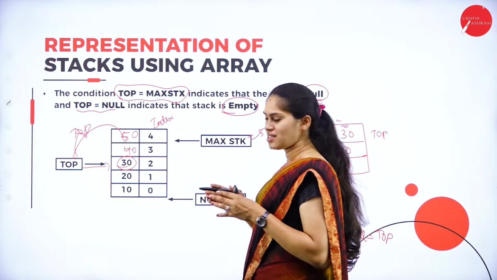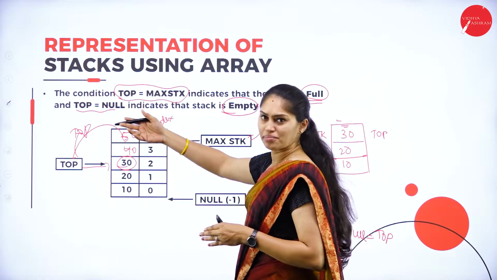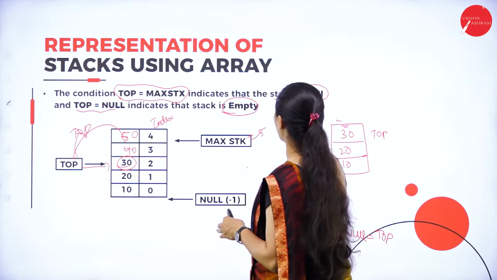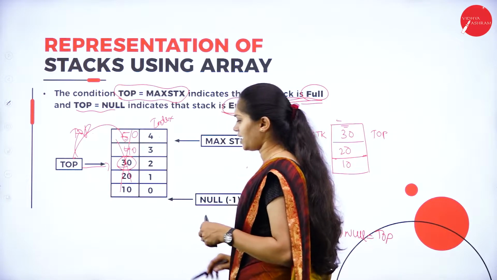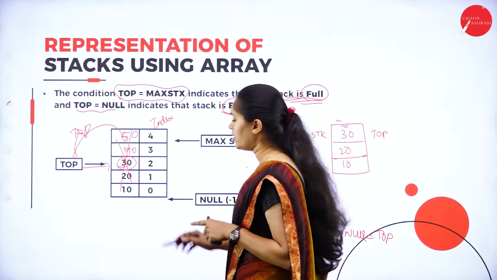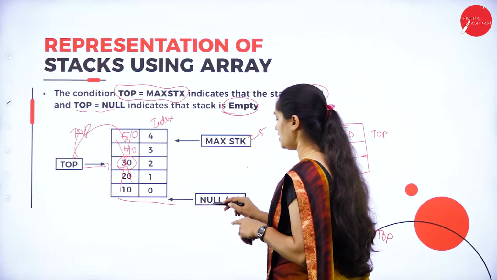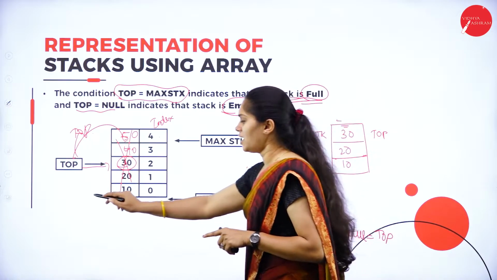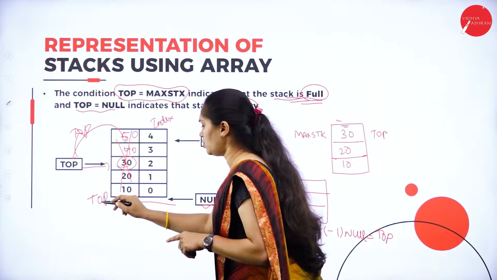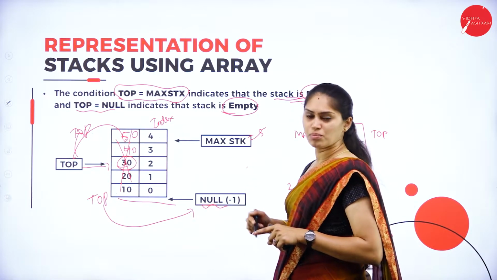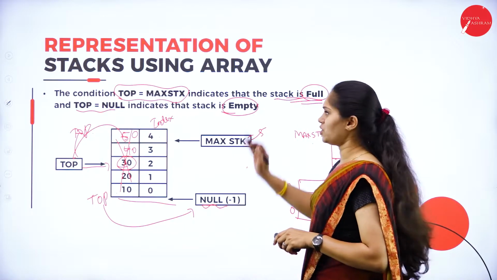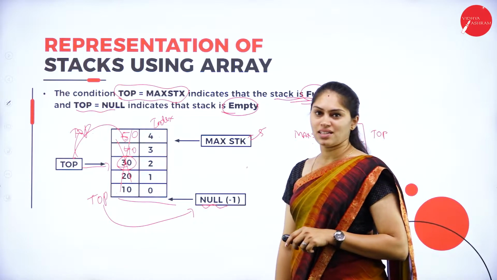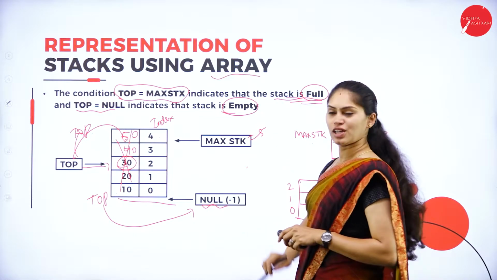If I am trying to add 60, which is beyond the maximum stack, then we say the stack is full. But imagine I don't have any elements and I am trying to delete an element from the null position. At that time top is equal to null or -1 position, and that is considered as stack is empty. So this is how we represent a stack using the array concept.